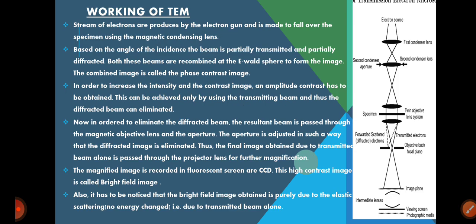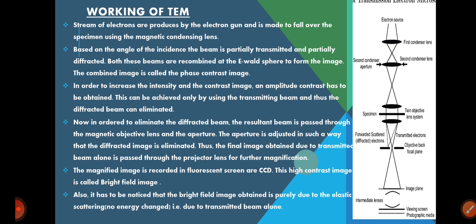Considering the working, according to the diagram we are explaining here, the starting point is the electron source, which emits a number of electrons. The stream of electrons produced by the electron gun is made to fall over the specimen using the magnetic condensing lens. Based on the angle of incidence, the beam is partially transmitted and partially diffracted.